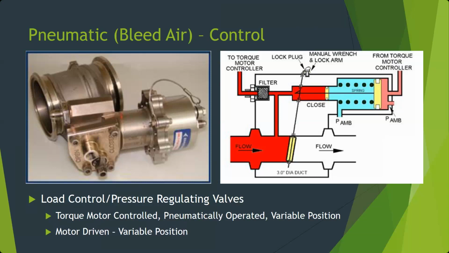Some of that air goes up to something called a torque motor controller. This is a torque motor right here. It then controls that based on the input. The torque motor controller is used to adjust how this valve works.